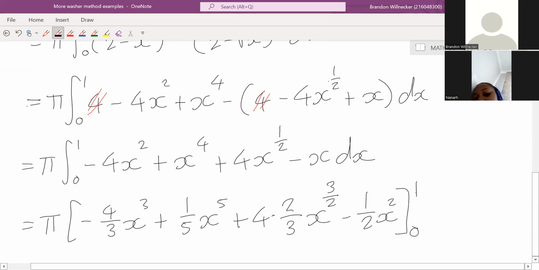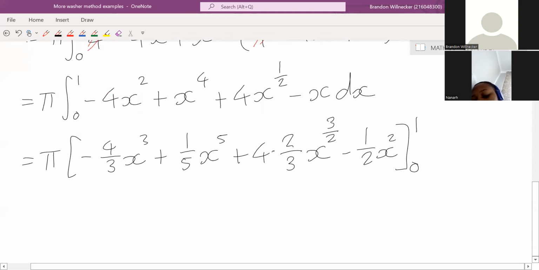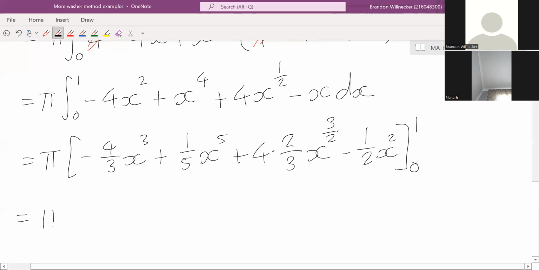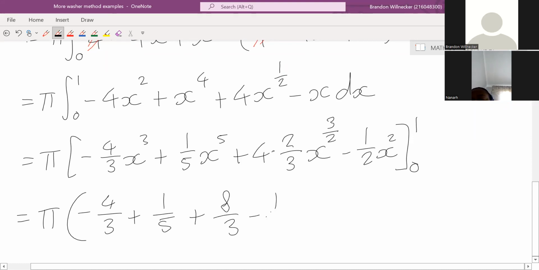And this goes from 0 to 1. Let's substitute 1, because if we substitute 0, we get 0, so we don't have to worry about that. So this is going to be pi times minus 4 over 3 plus 1 over 5 plus 8 over 3 minus 1/2.